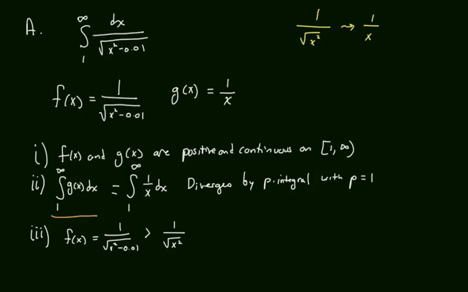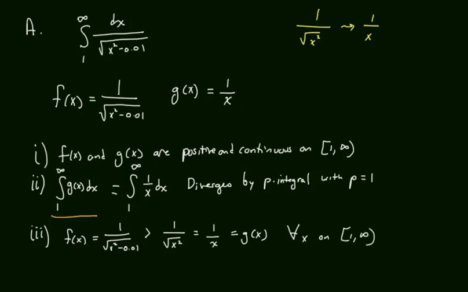And then this is equal to 1 over x, which equals g of x. So we successfully showed that f of x is always bigger than g of x, and that's for all x on 1 to infinity.